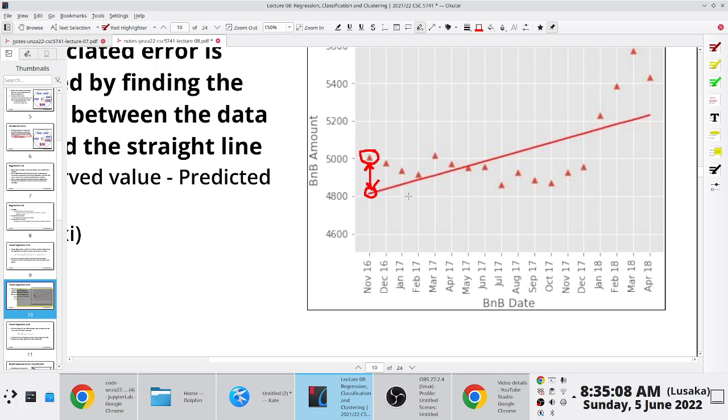If you remember, once we have this data set, we split it up into training and testing. The training is the one that you use to derive this best fit line. This is the model, whereas the testing would involve you trying to measure the errors associated with the different data points here.